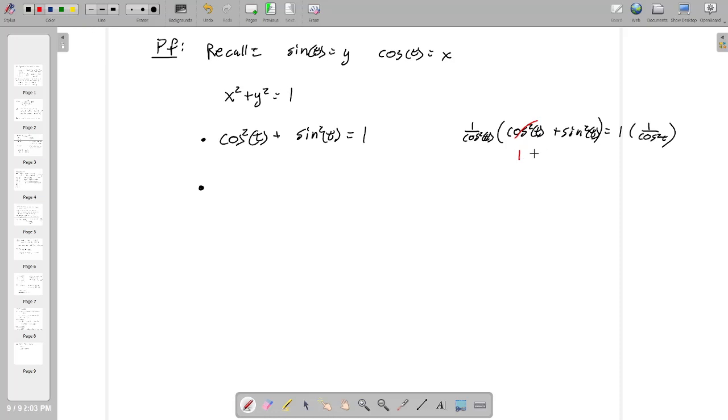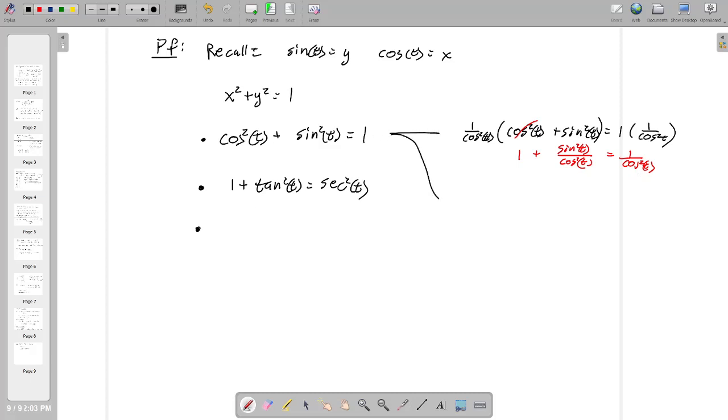And when I multiply this in here, I get sine squared t over cosine squared t. And then on the right, we just have 1 over cosine squared t. Now you can pull this square out, so you would have sine over cosine quantity squared, which gives you tangent. So this becomes 1 plus tangent squared t is equal to secant squared t, because on the right, 1 over cosine squared is the same thing as secant squared.